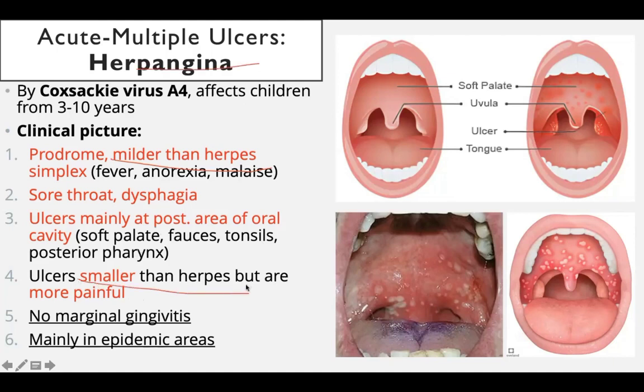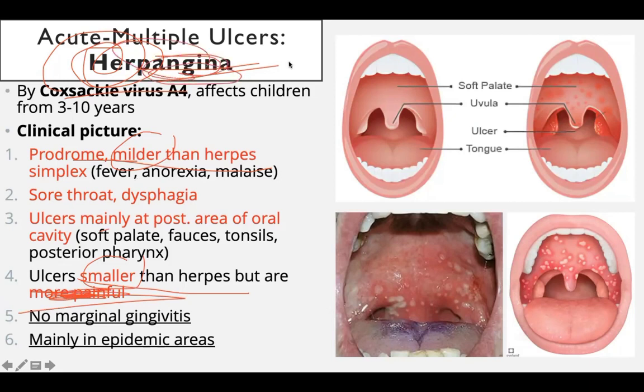Smaller than herpes, herpangina. So herpangina looks like herpes, but it is angina. As compared to herpes, the prodromal symptoms in herpangina, Coxsackie type A virus, are milder, and the ulcers are smaller than herpes, but more painful.